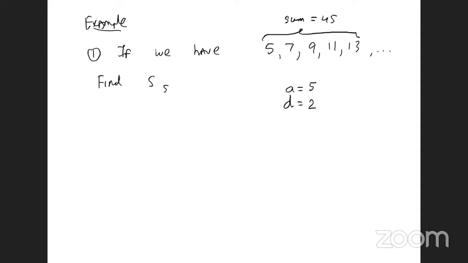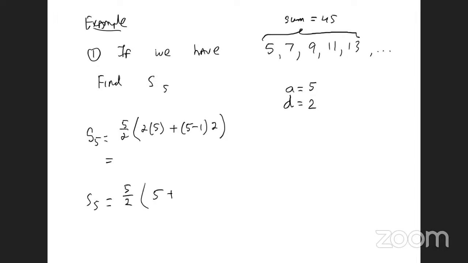Now let's use the formula for S5. Try and use the formula n over 2 times (2a plus (n minus 1)d). Let's see if we get the same thing, and then we'll use the next formula as well: n over 2 times (a plus l).